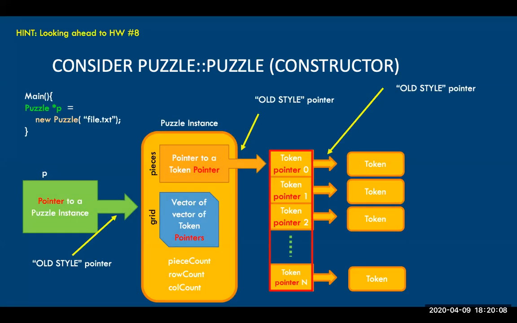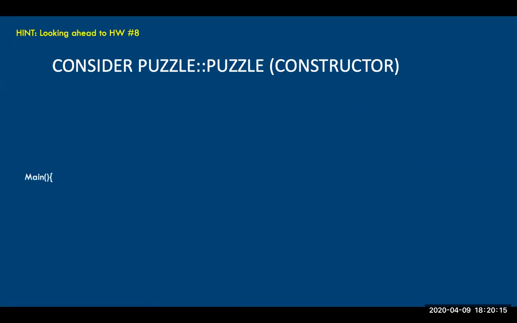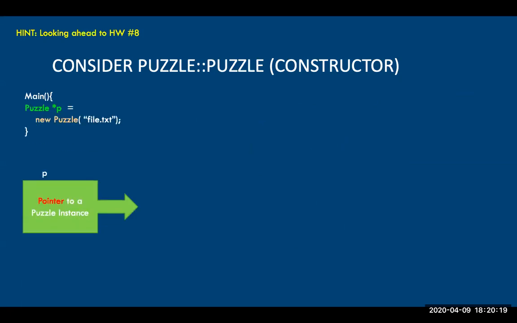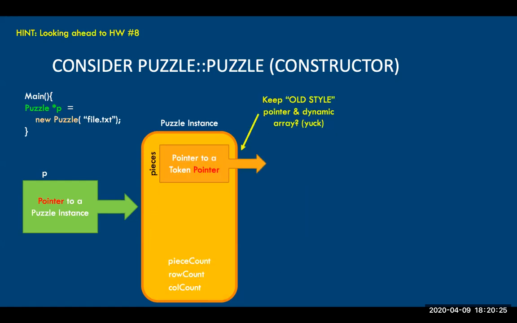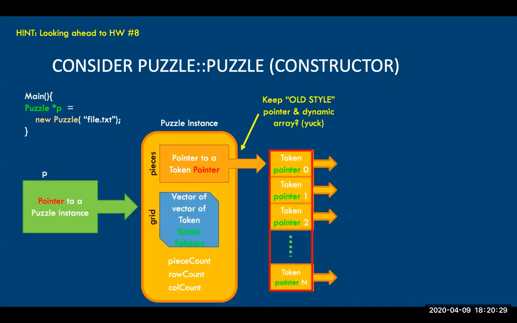But what if we wanted to convert all that, once you got it all working, to switch it over now to shared pointers? Well, what would be the best way to go about doing that? So for the moment, we'll still keep our raw pointer there in main, but here's our class, right? And so we could keep the old style raw pointer and of course our grid and create that dynamically allocated array of smart pointers. So we could kind of go half and half.